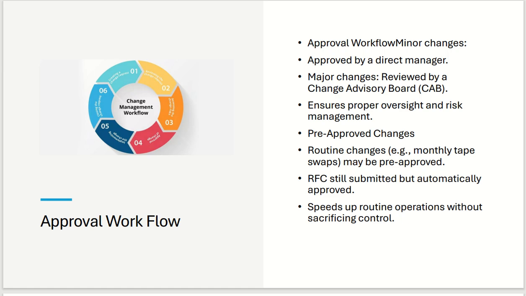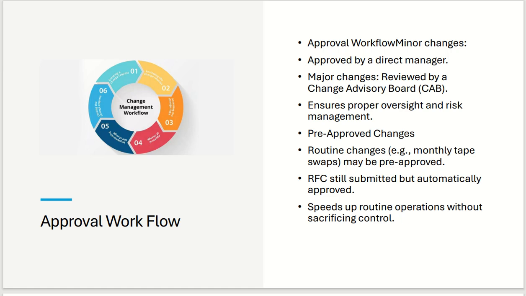For major changes, you would have a change advisory board to sit over this, deliberate, and then move that these changes should happen. The CAB would ensure that there is proper oversight and that risks have been factored into the equation.